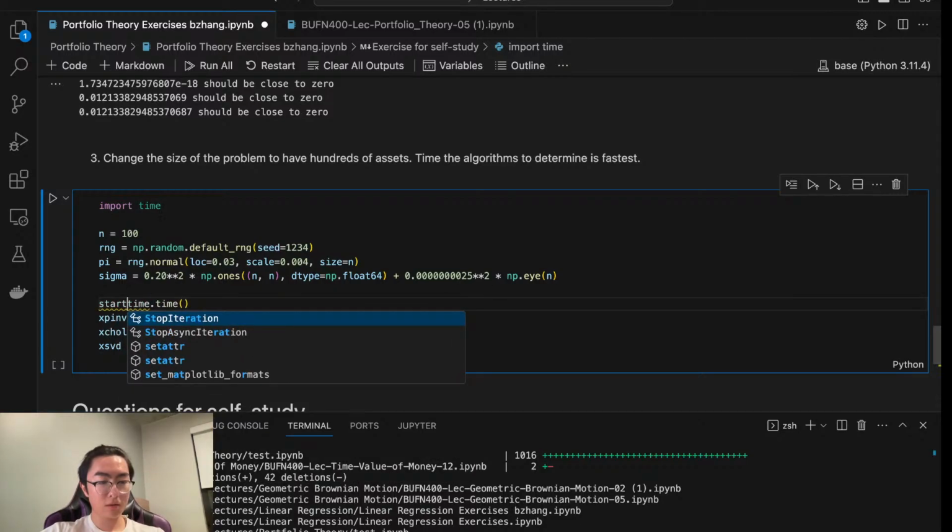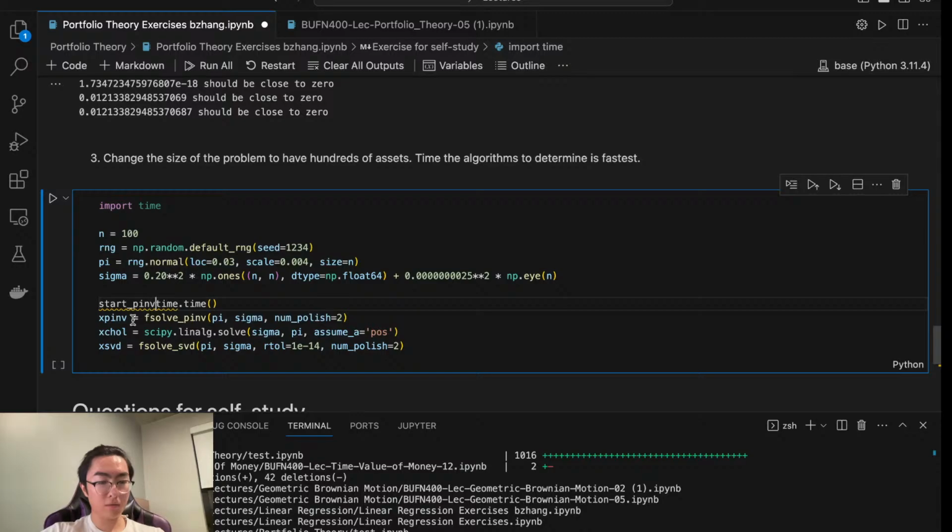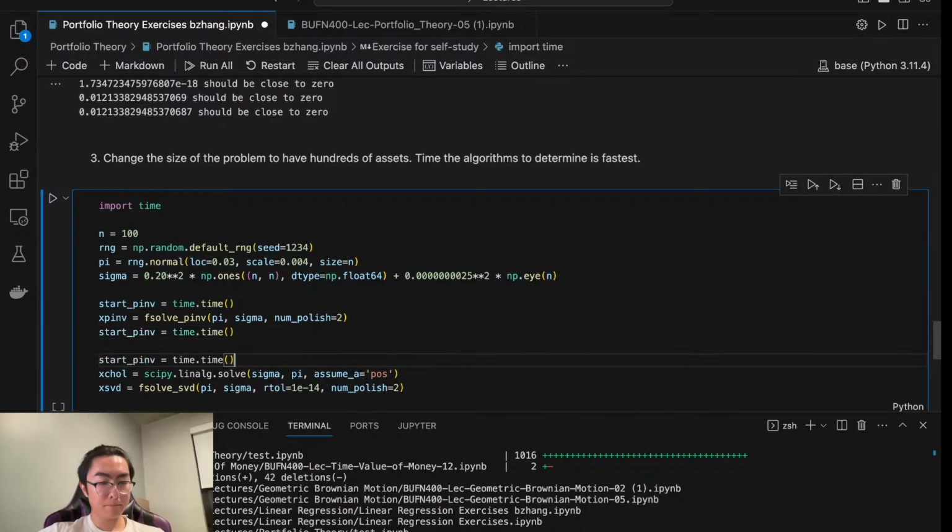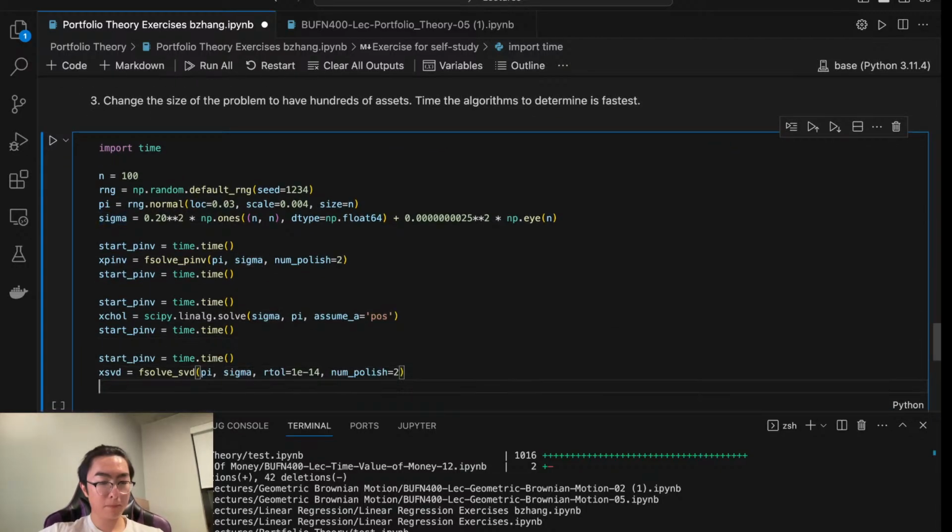Time starts, and P inverse start, Cholesky starts, pi SVD and SVD.